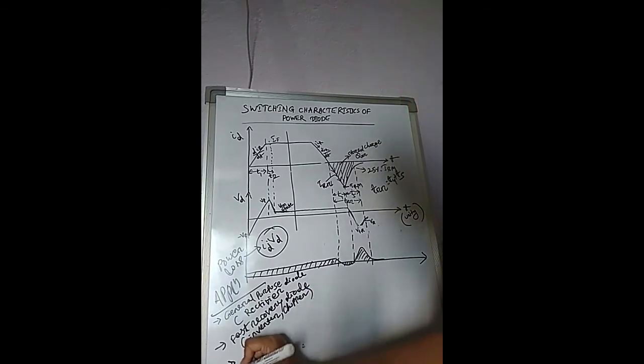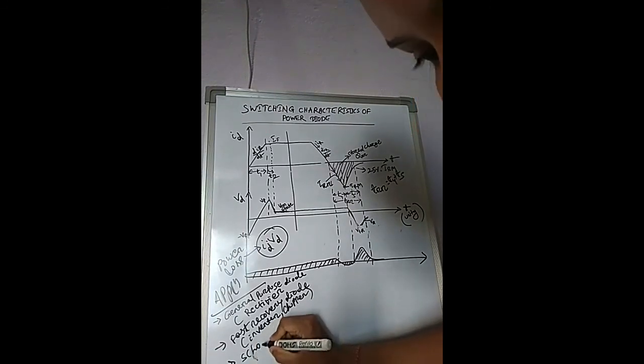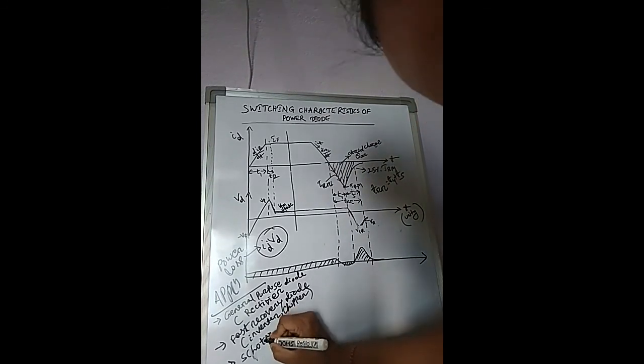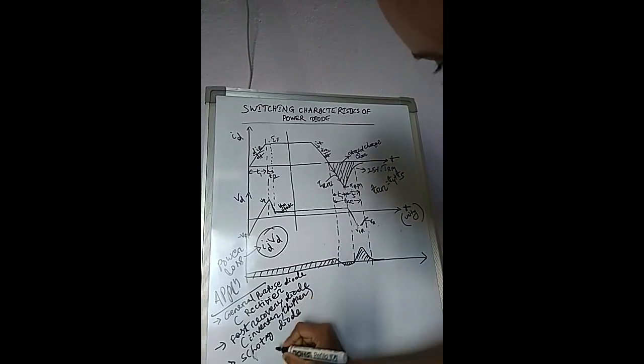And the third one is the Schottky diode. This acts like a fast recovery diode, meaning the switching is very fast, and the application example is SMPS.